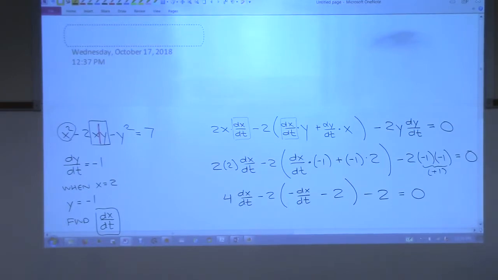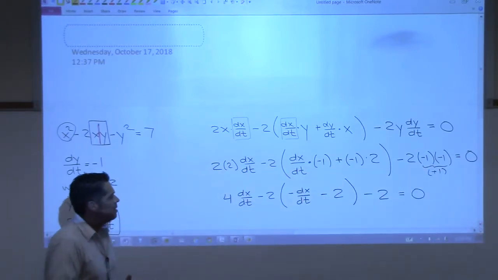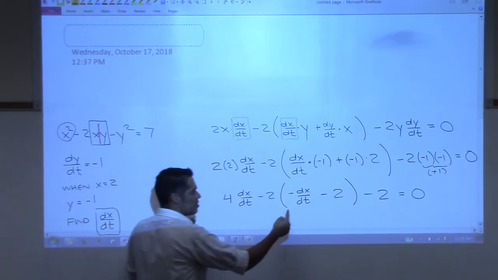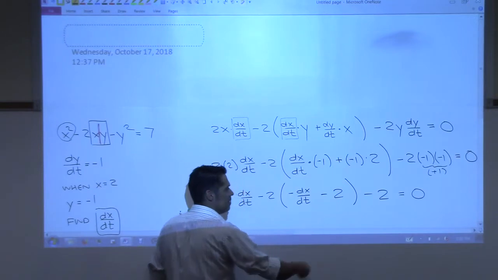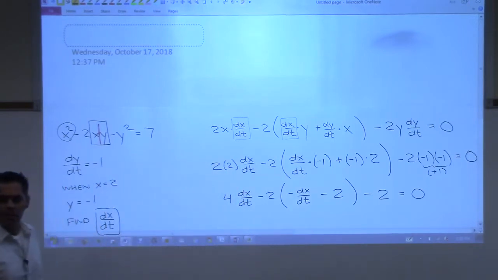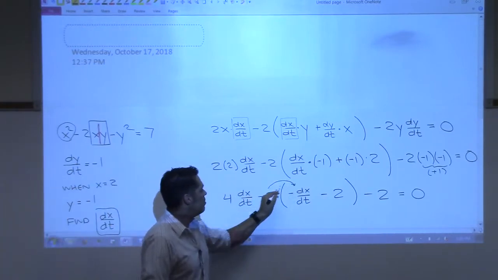I'm trying to get dx dt by itself here, right? It's trapped. You see how it's trapped inside of here? How can I get this dx dt out of that parentheses? Yeah, you've got to pass the negative 2 through.